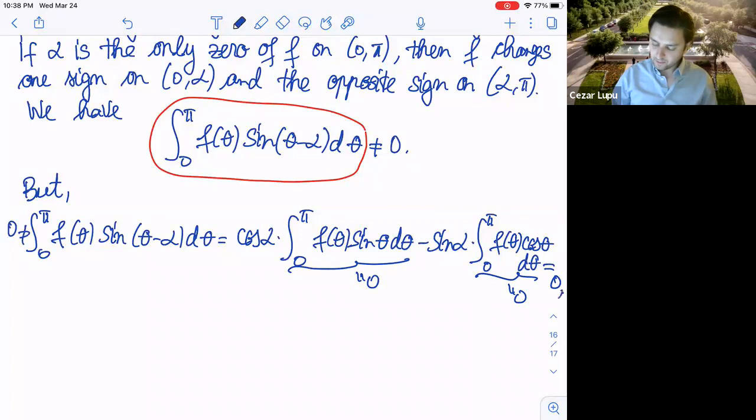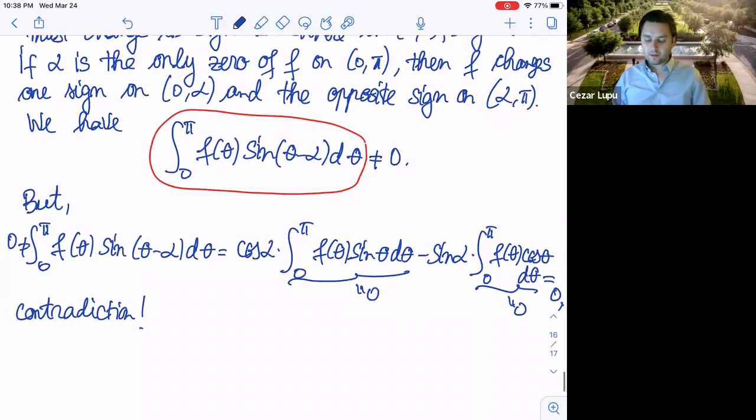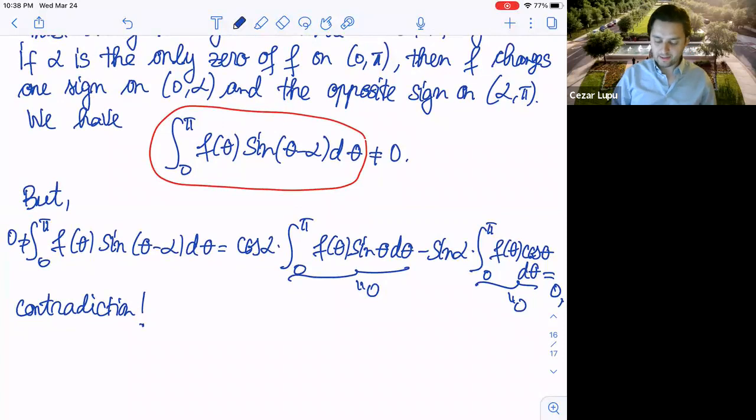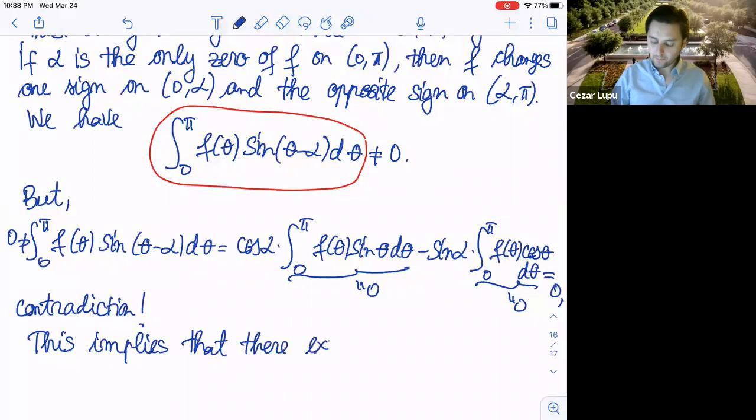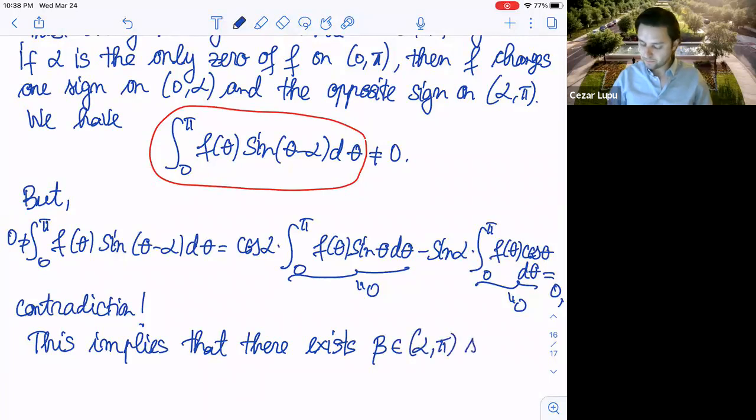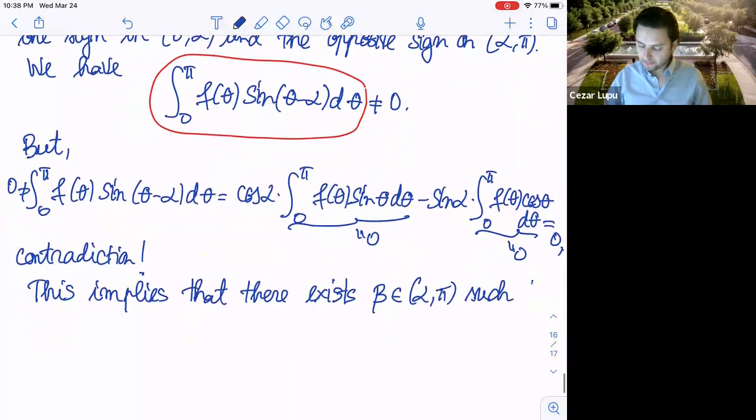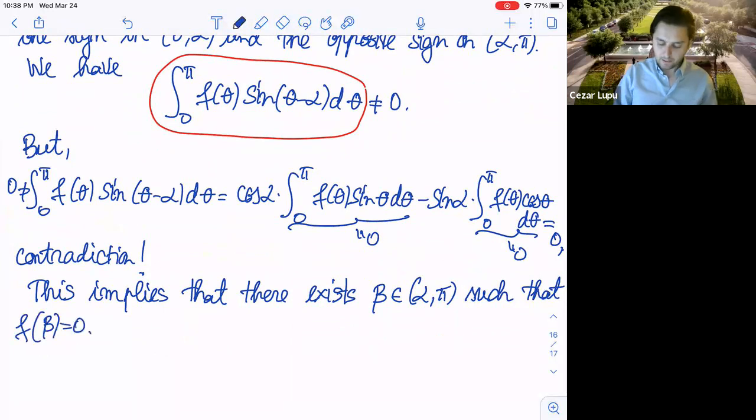So, contradiction. Well, therefore this implies that there exists a beta in this interval alpha pi such that f of beta is 0.